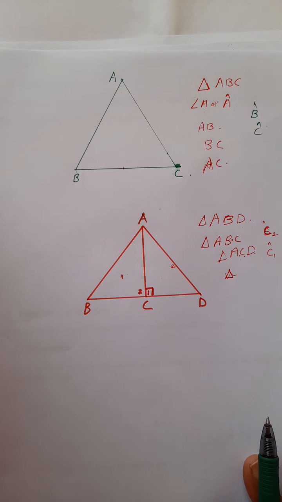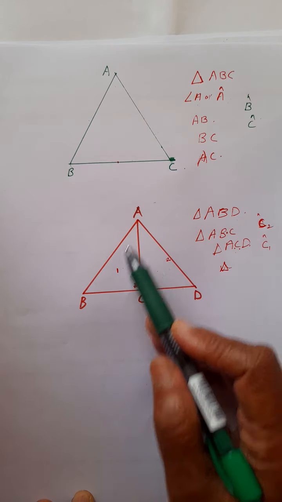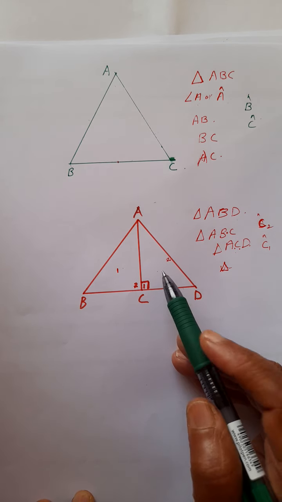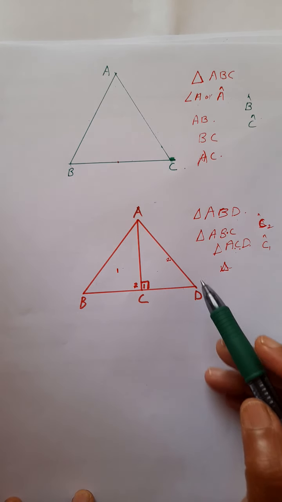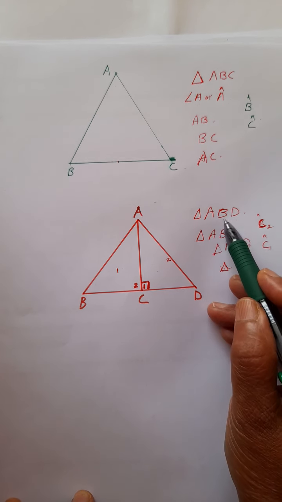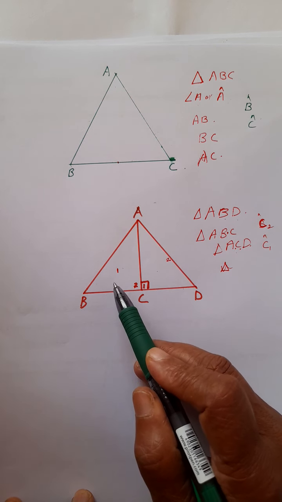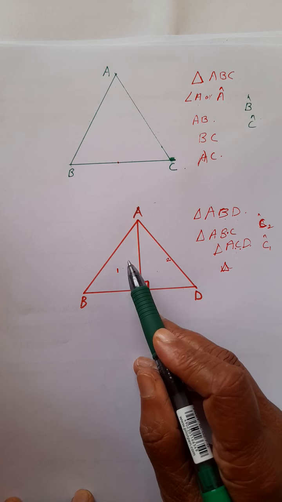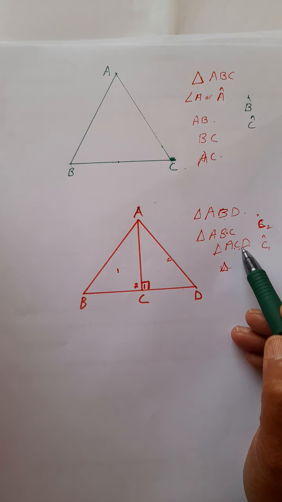In this figure, the bigger triangle is divided into two. The bigger triangle is named triangle ABD, and the smaller ones are triangle ABC, the first one, and then triangle ACD, the second one.